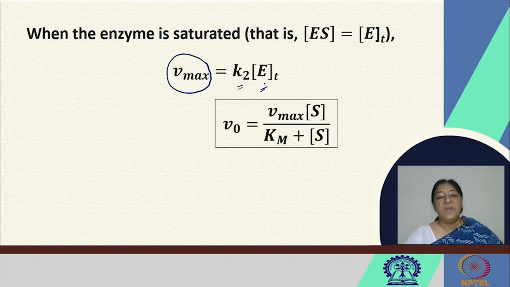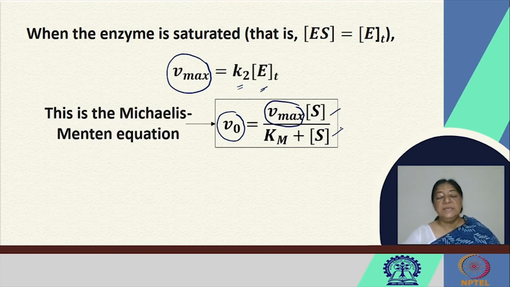So we can write k2[E]T as Vmax from our previous expression. So we have an initial velocity, we have the maximum velocity, and we have this in terms of the substrate concentration.